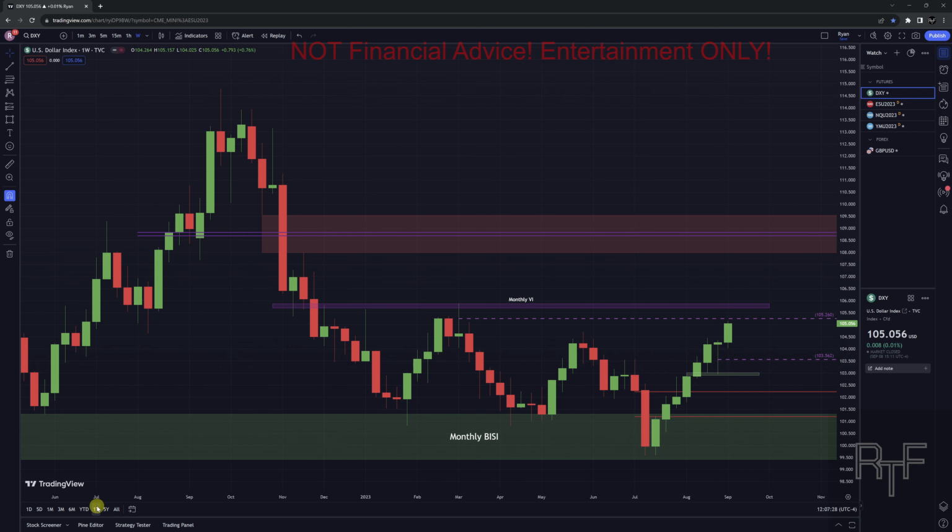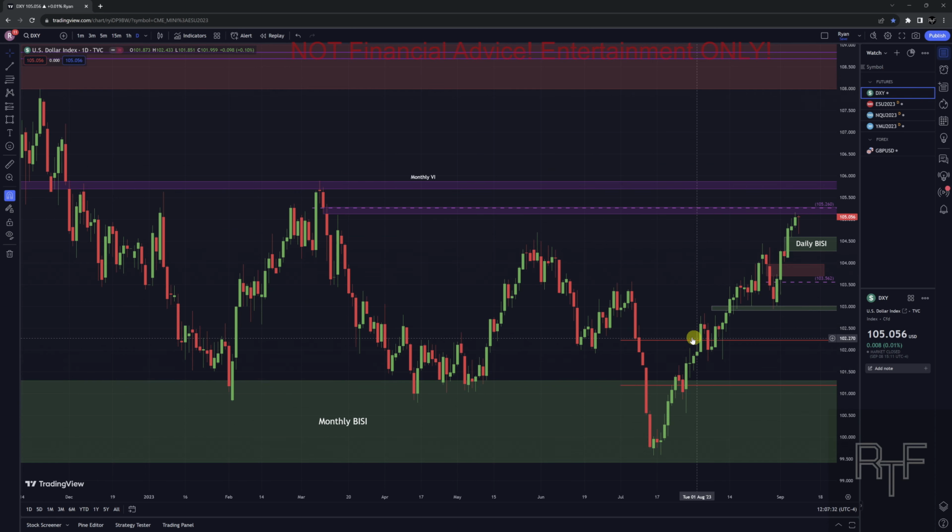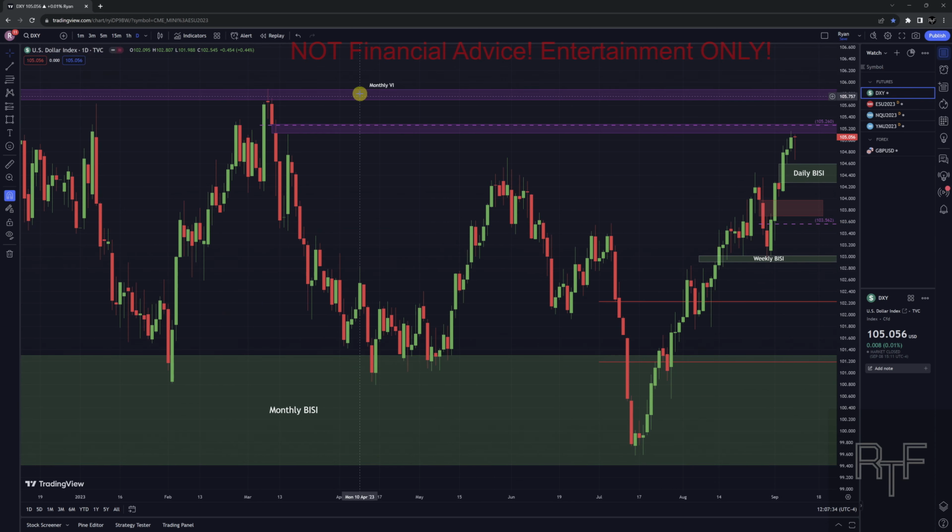But let's take a look at the daily, see if we can glean any more information here. So zooming in, this is the volume imbalance on the monthly that we're looking for. And here we have that weekly SIBI, that weekly consequent encroachment on the wick. And right on top of it, we have a daily volume imbalance.